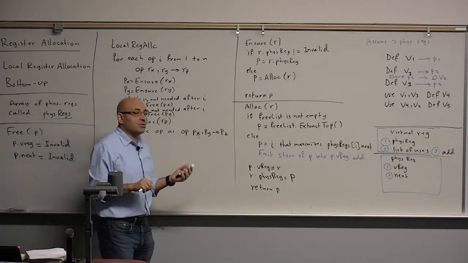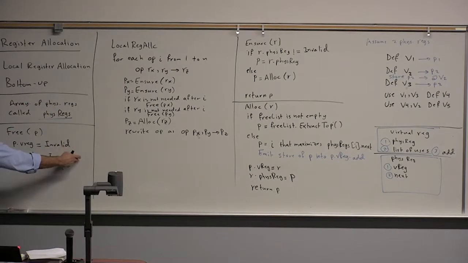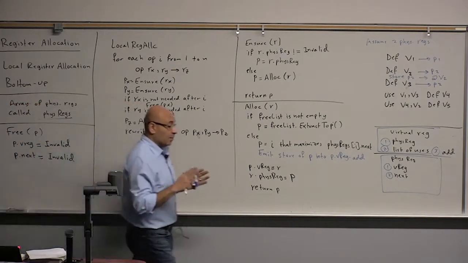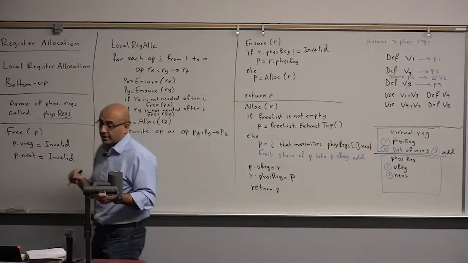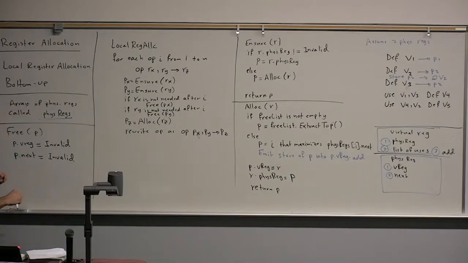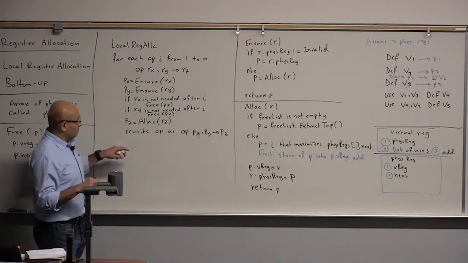But we want to make sure that this invalid is not -1, because -1 works here, but -1 doesn't work here, because -1 is going to be a small number, and we don't want it to be a small number. We want it to be a large number, so that when we compare it with other registers, it's not something that is used soon. I see why you did that then. Thank you. Okay.